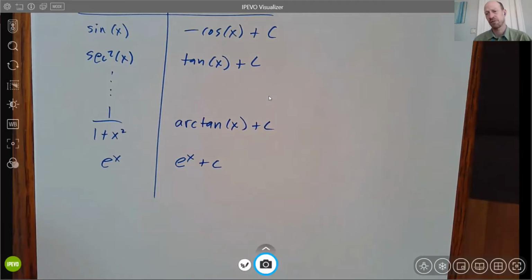The first part of Calc 2 is just a bunch of different strategies to figure out these antiderivatives. We don't know quite yet why we're doing antiderivatives. We'll learn that in chapter 5. It turns out they are important to us in the same way that derivatives are important. They allow us to solve certain problems that we couldn't solve otherwise.